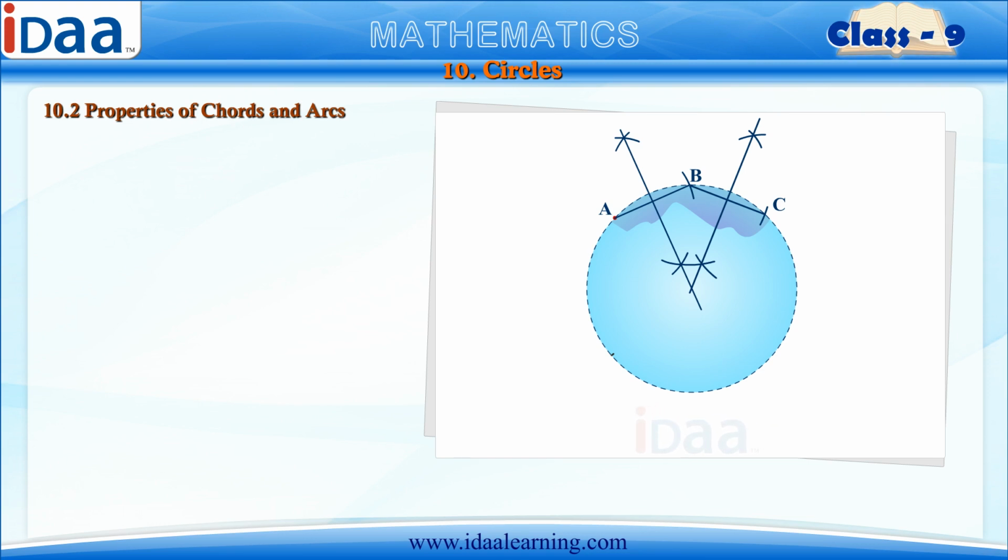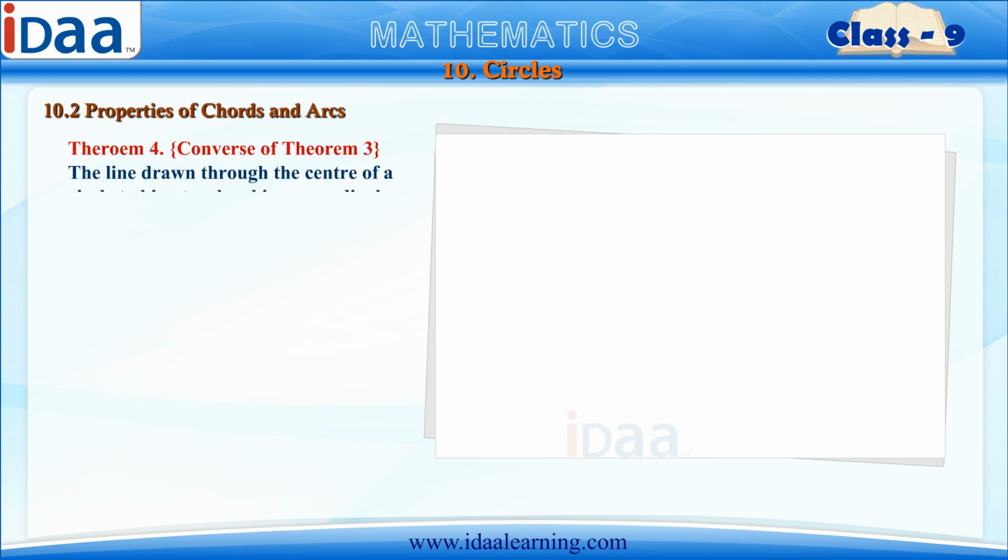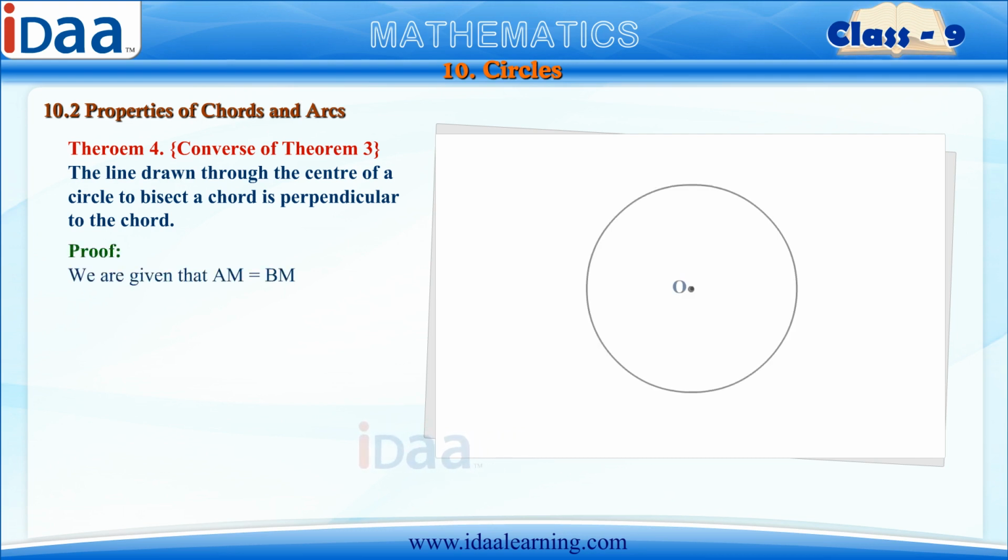The converse of this theorem 3 is also true. Theorem 4. Converse of theorem 3. The line drawn through the center of a circle to bisect a chord is perpendicular to the chord. Proof. We are given that AM is equal to BM.